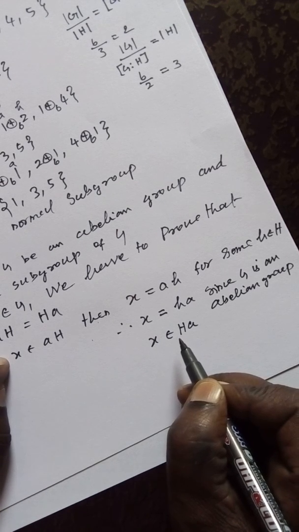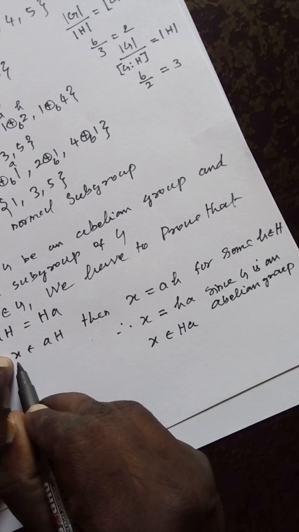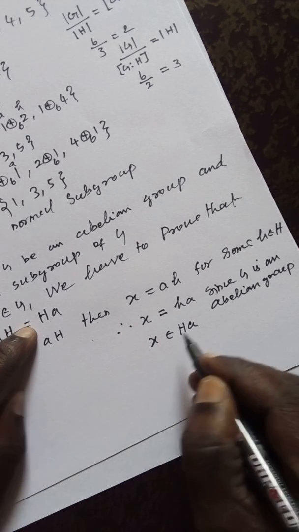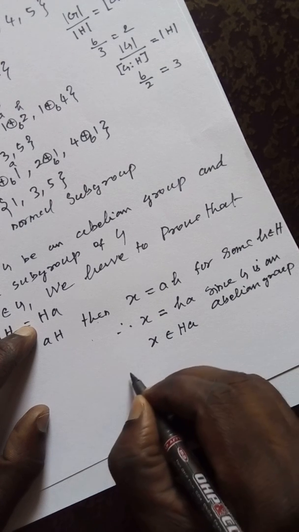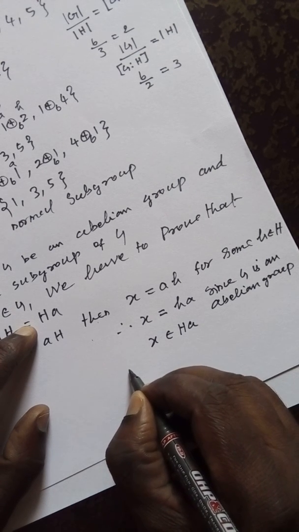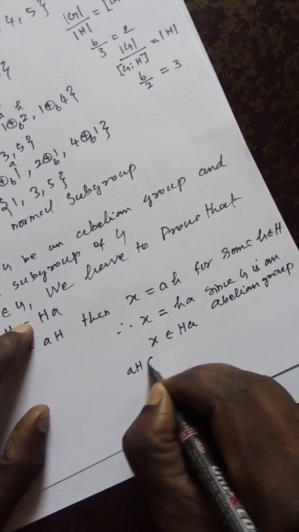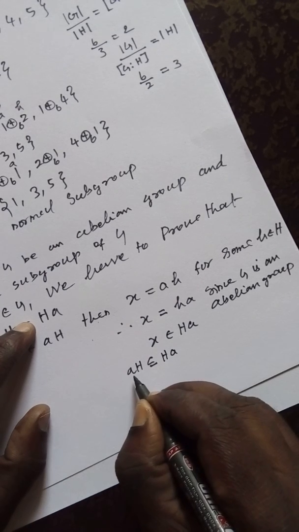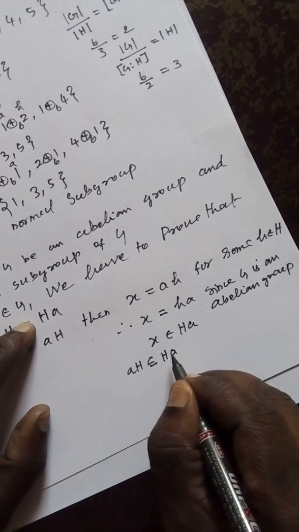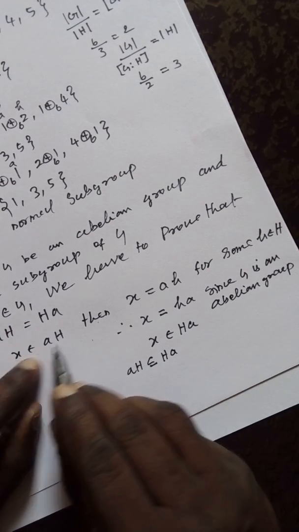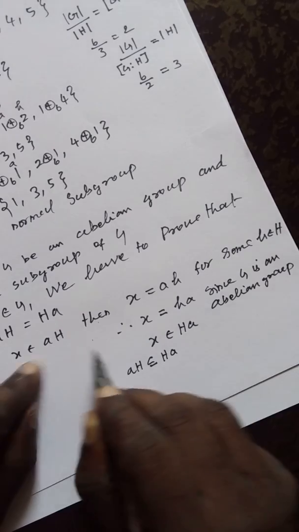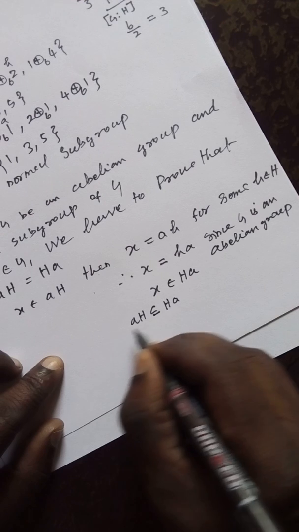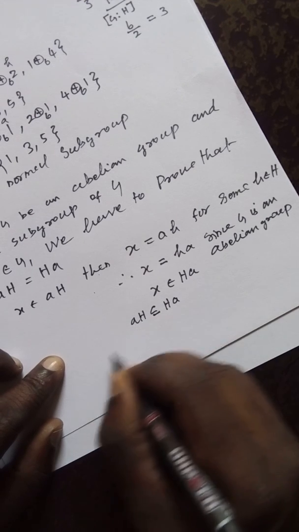It can be generalized: every x belonging to aH is also an element of Ha. This means that aH is contained in or equal to Ha. Every element of aH is also an element of Ha. So therefore aH is contained in or equal to Ha.